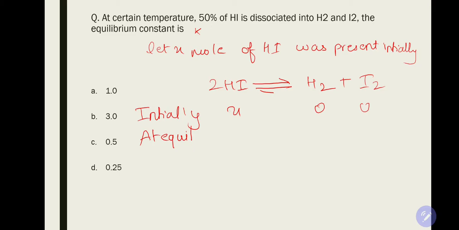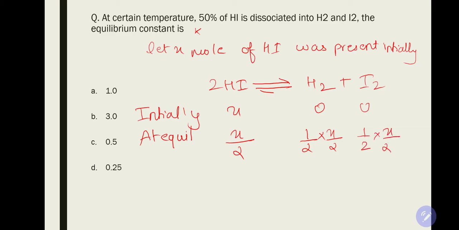It is half of the initial concentration, right? So can I write it as X by 2? And here, if it is half reduced, here it will be half gained. So again we can write X by 2 over here, that is half into X by 2 you have to take.